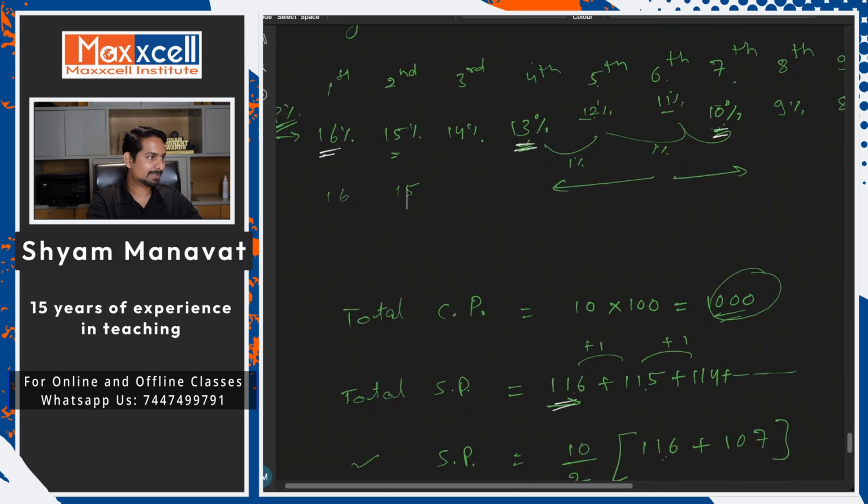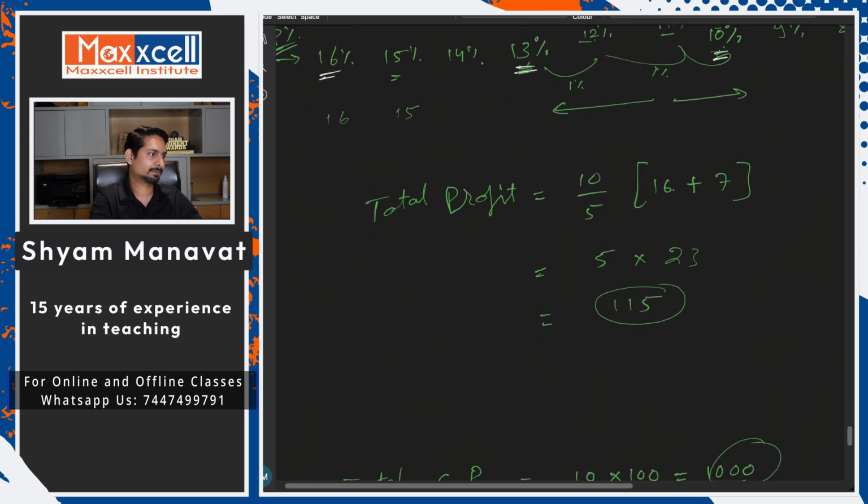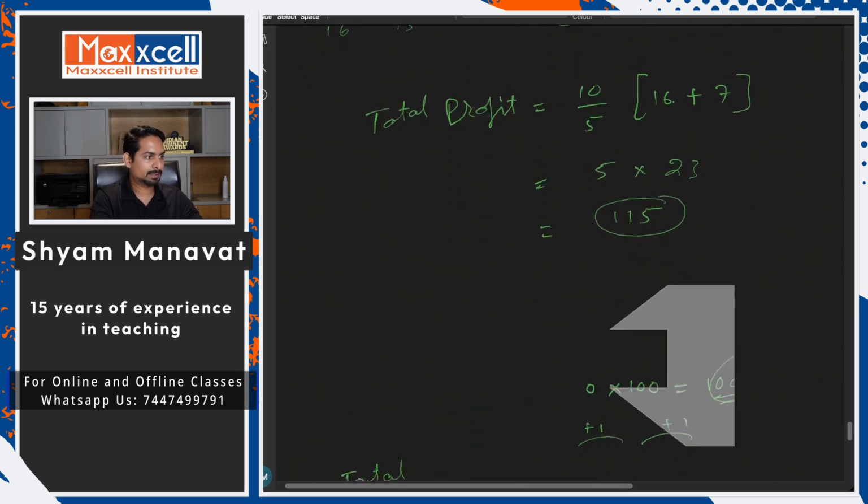So if I apply the sum of arithmetic progression for total profit, that gets me 10 by 2, that is 16 plus 7, which is 23 into 5, that's going to get you 115.